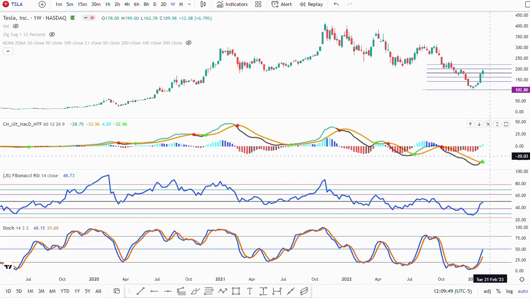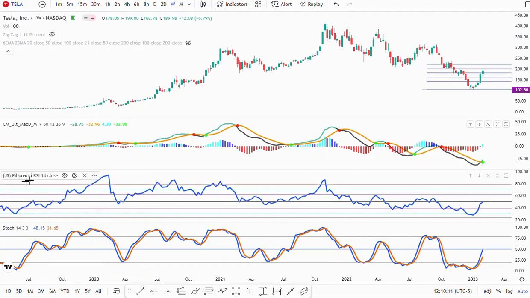What we need to see is that it keeps rising and eventually gets back above the zero line. When that happens, MACD would be in positive territory. So it looks like the weekly momentum indicators have made some improvement, but they need more work.